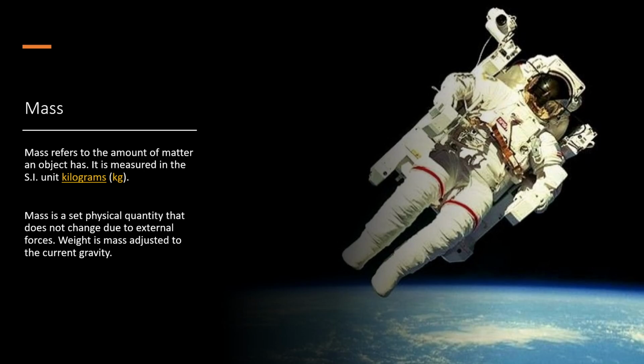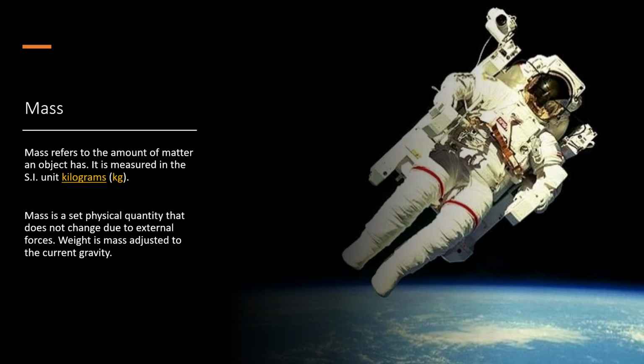What I've written is mass is a set physical quantity, and it doesn't change due to external forces. Weight, on the other hand, is your mass, but adjusted to the current gravity. So, as I said, this astronaut has a set mass. His mass would be the same in space, and his mass would be the same on Earth. But his weight would be much different on Earth than his weight in space.